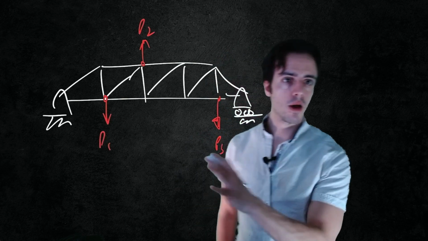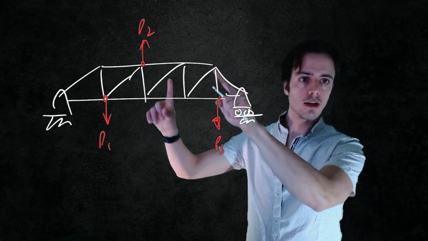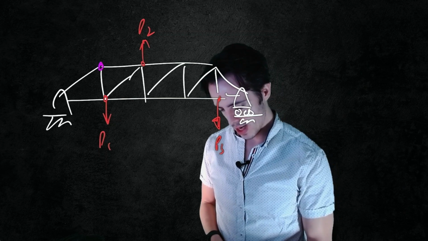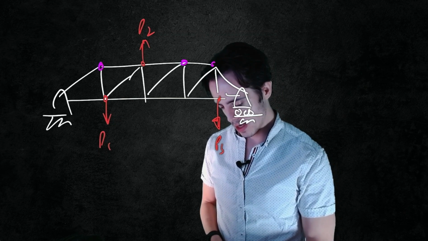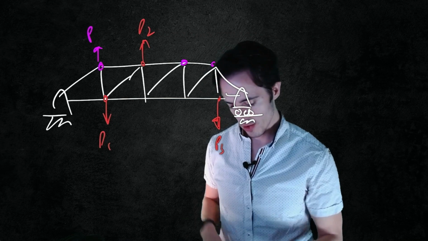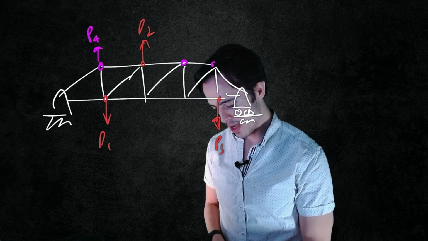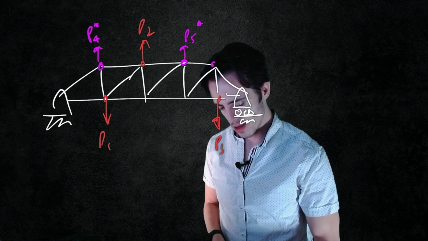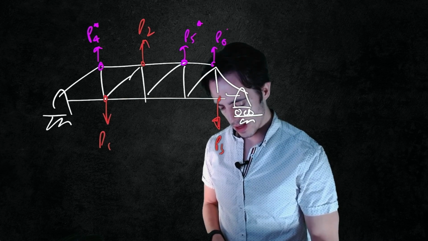We've got 3 applied loadings. Let's say I want to find out the displacement of each of these top nodes on this structure. This means at some point I'm going to have to apply some virtual forces. Let's call them P4 star, P5 star, and P6 star.